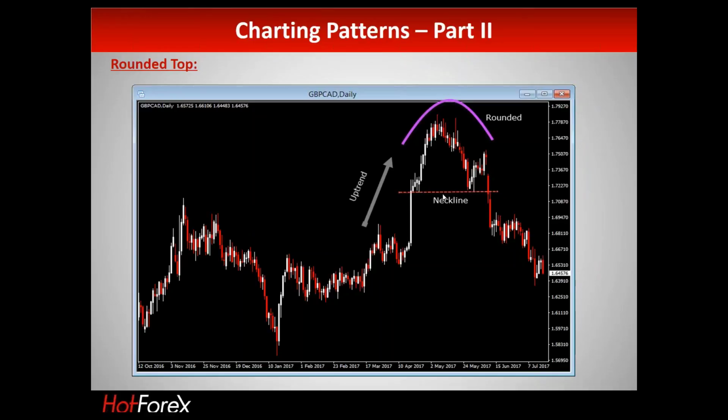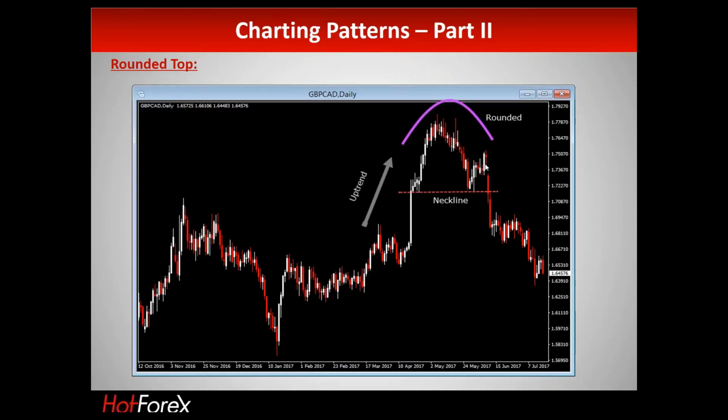So I wasn't sure if it was indeed going to be a rounded top, so I was waiting for the neckline to be confirmed and to break downwards. At this area over here, it consolidated, was hit 1, 2, 3 times, and went bullish again. So at this area we didn't have a fully formed rounded top.